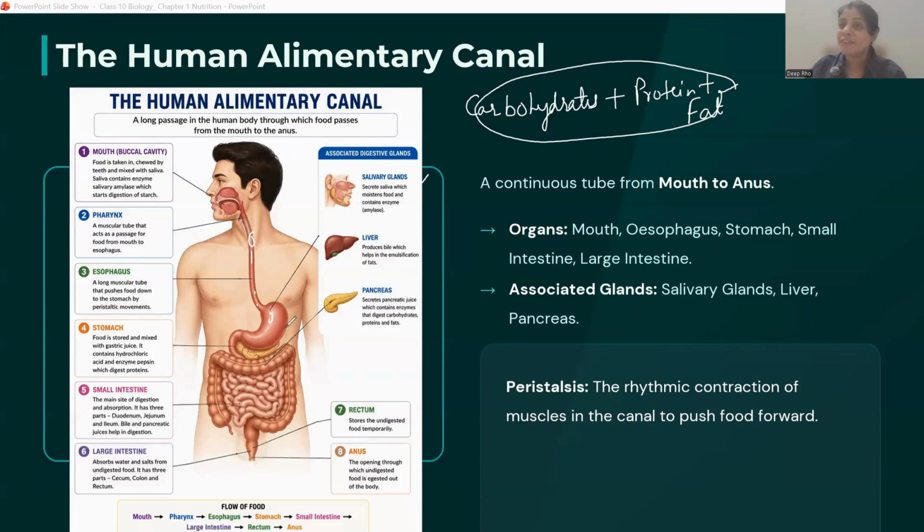Mucus is a protective layer which protects the stomach lining from the highly acidic hydrochloric acid. So protein digestion starts in the stomach itself, with the help of hydrochloric acid and pepsin. Hydrochloric acid also provides acidity and kills bacteria which may enter our system with the food. Okay, now the partially digested food goes to the small intestine.